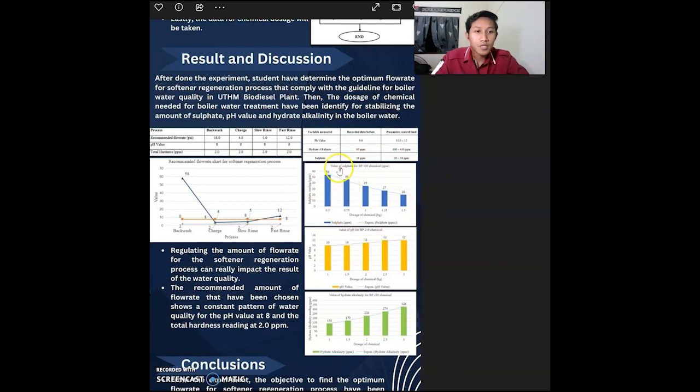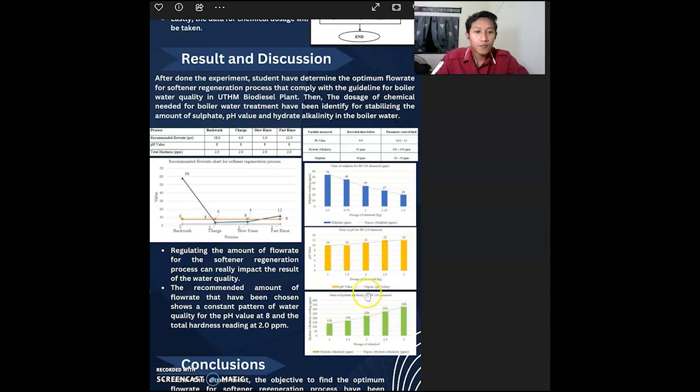So for increasing the amount of sulphate, we use the BP100 chemical, and after the chemical addition process was done, the student identified that at 1.0 kg, we can increase the amount of sulphate from 16 ppm to 35 ppm. And for increasing the value of pH using the BP210 chemical, the dosage of 3.0 kg will increase the pH value from 9.0 to 12.0, which is within the fundamental control limit.